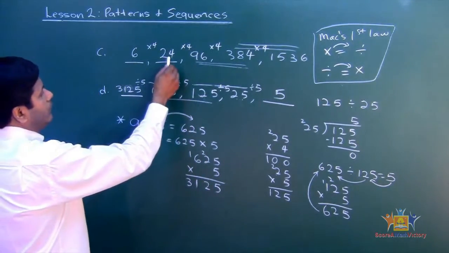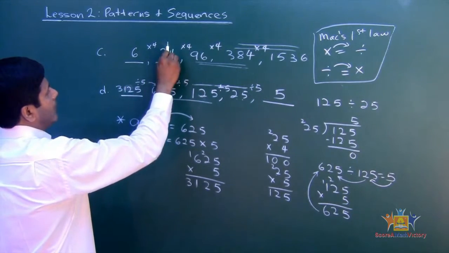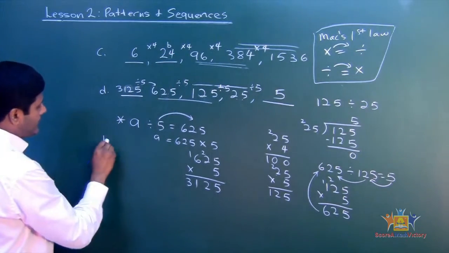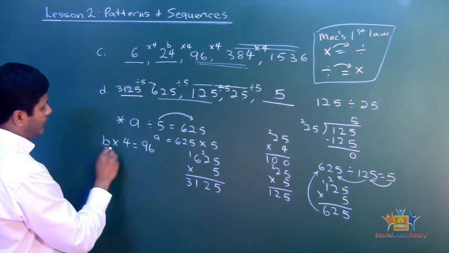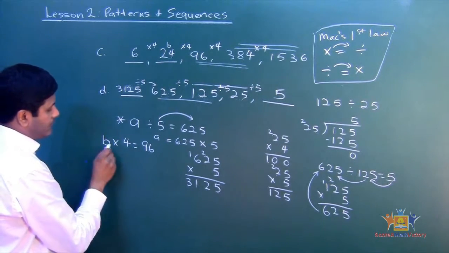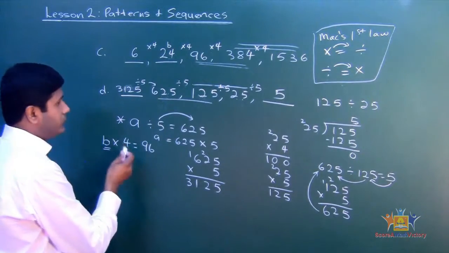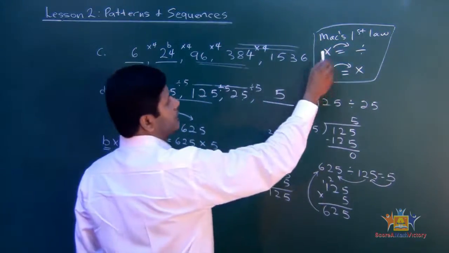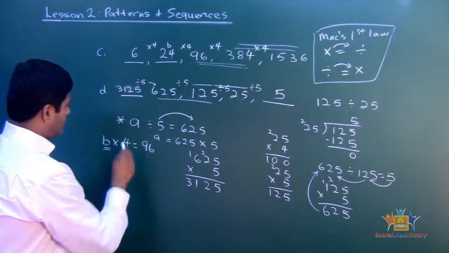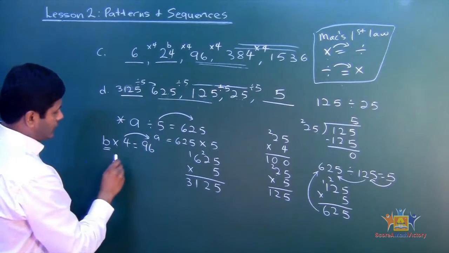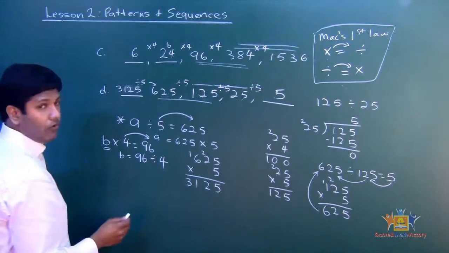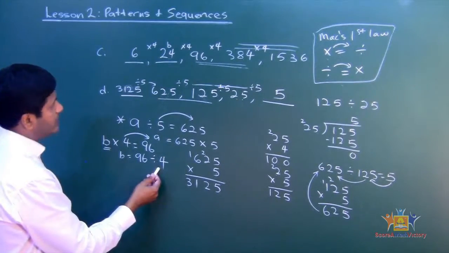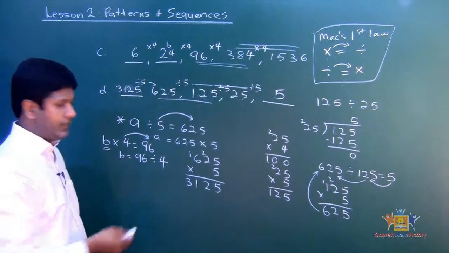We don't know this, so let's call it B. B times 4 gave me 96, and I'm looking for B. So B is multiplied by 4. So we use Mac's first law. Multiplication across the bridge becomes division. So I brought the 4 across the bridge. So B equals 96 divided by 4. We used the long division method and it gave us 24.